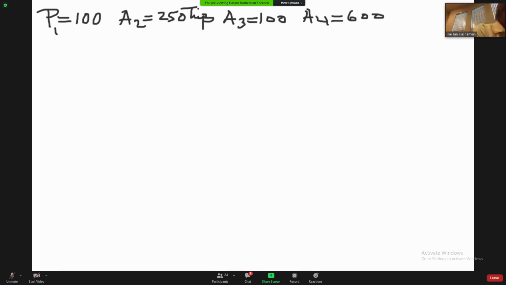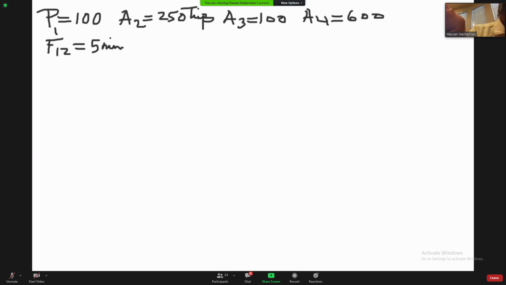Assume the travel time factor from 1 to 2. So that means F sub 1,2 is equal to 5 minutes. Okay.